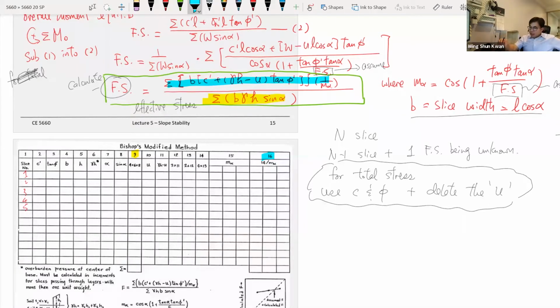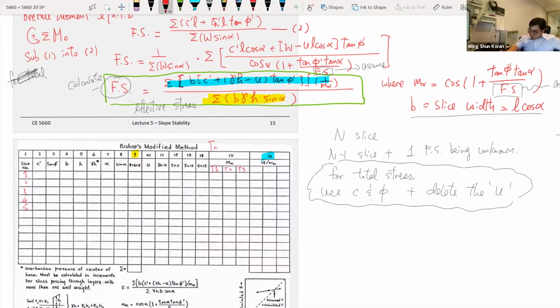I talked about this, you need to solve this by iterations, by assuming different factors of safety. So you will have at least 3 trials: trial 1, trial 2, and trial 3.